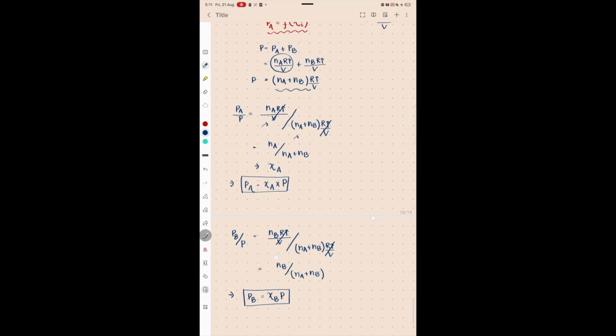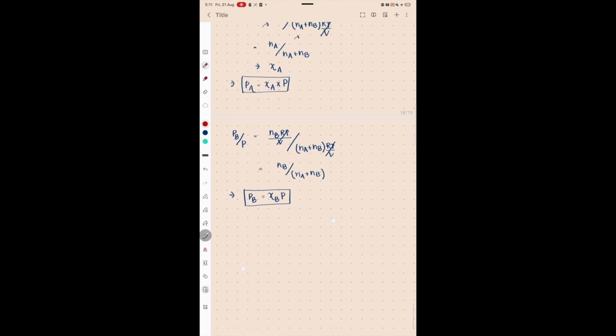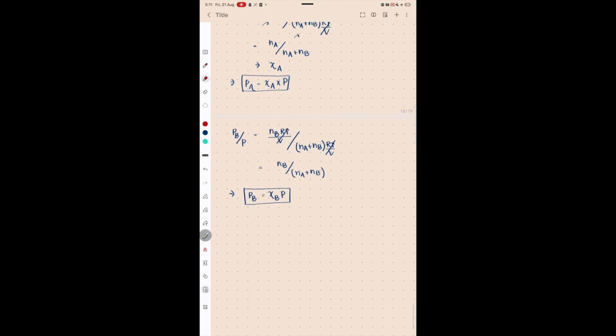So this is the relationship. Here I am telling you that we need to derive the relationship for PA or PB, defining it as Pi, as a function of this, right? So this is the relationship we got, how they are related.